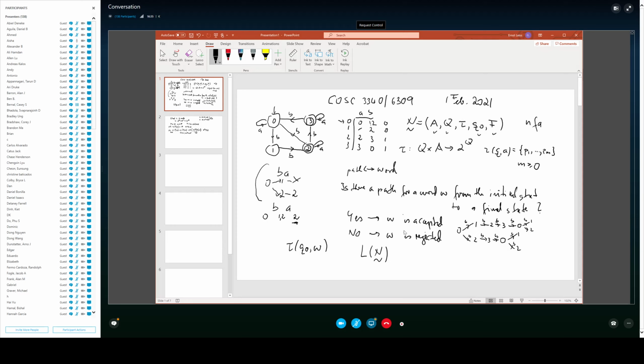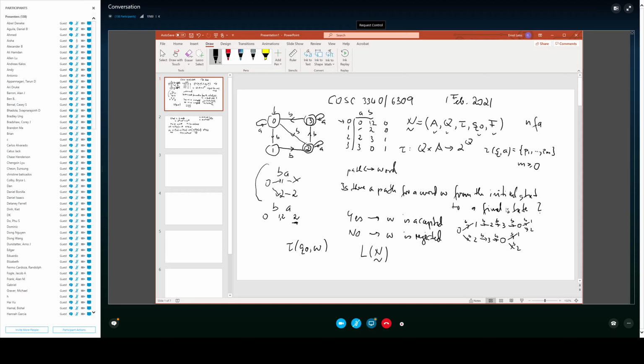But inasmuch as we're asking whether there is a path for a particular word from the initial state to a final state, the only thing that is relevant is, is there a final state? We're not really that interested in the paths. In particular, we couldn't care less whether there's a single path or a million paths to the same state.